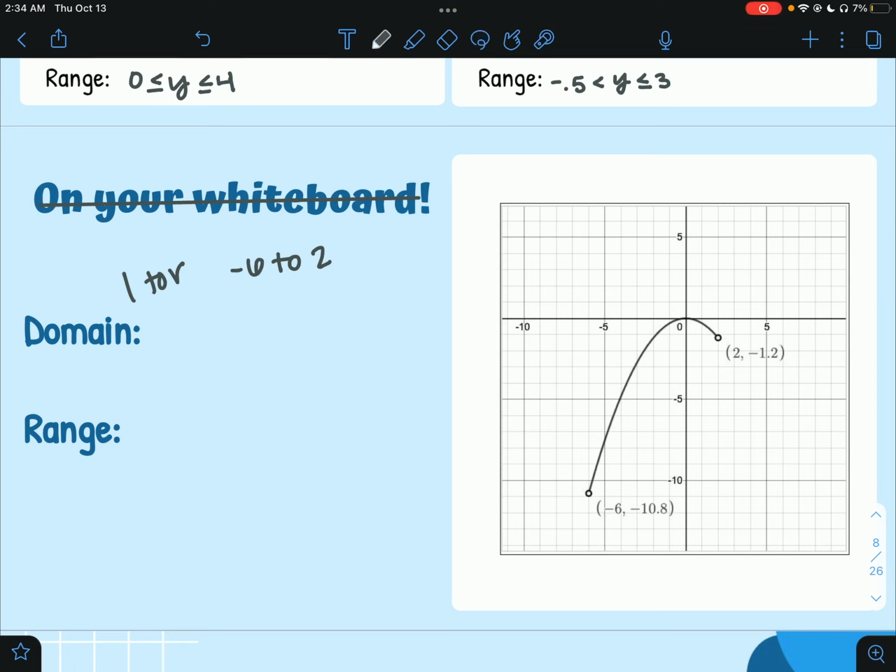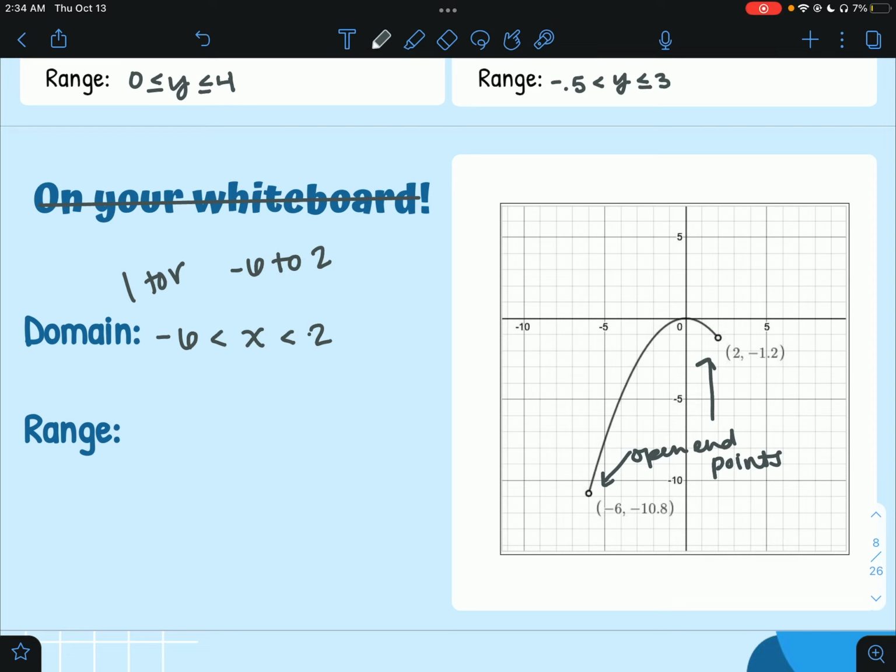So -6 to 2. My domain needs to show that x falls between -6 and 2. Now that I've written it, I'm going to go back and look. These are both open circles, which tells us that if you're at those values, they are not equal to.